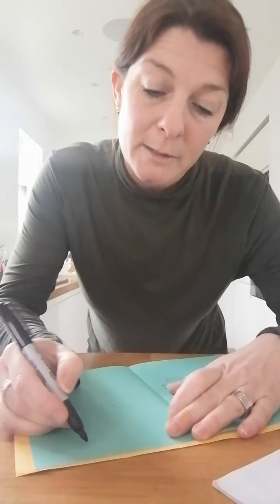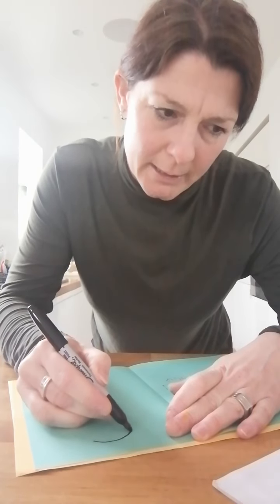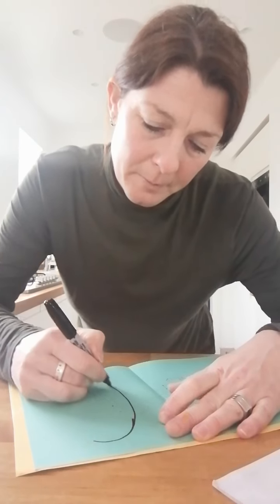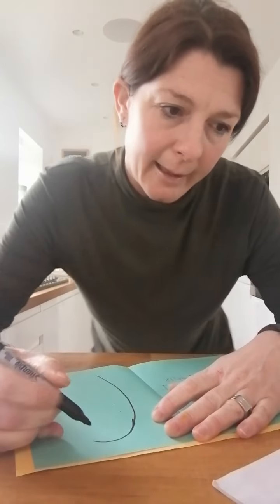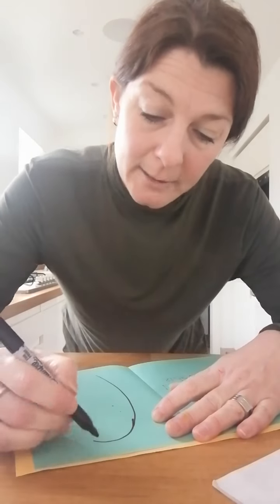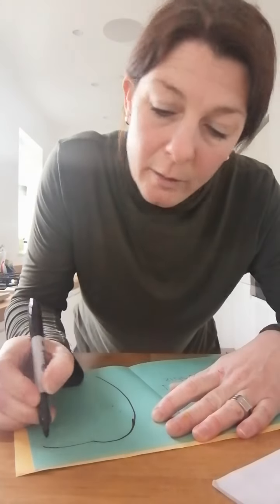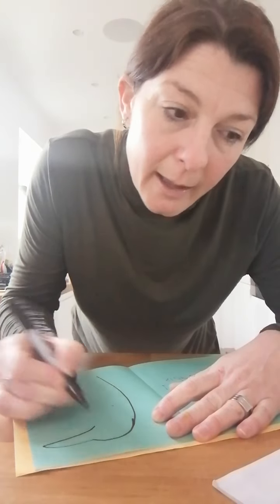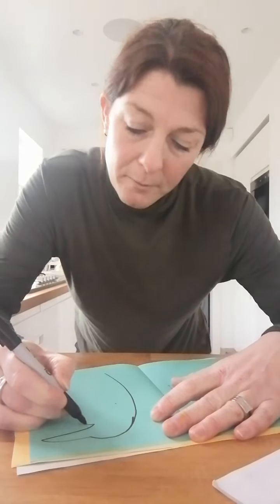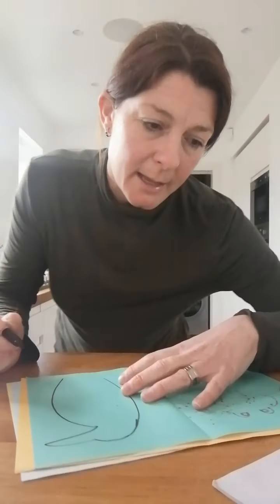So I'm going to have a little go, get my black, see if I can draw a penguin. And then we might label the penguin as well. I'm not sure it's going to be very, very brilliant, but... Okay, so go down. I know you can see a little bit, so that's okay. And then the beak is very long and it goes down. And then he has a very yummy big tummy.